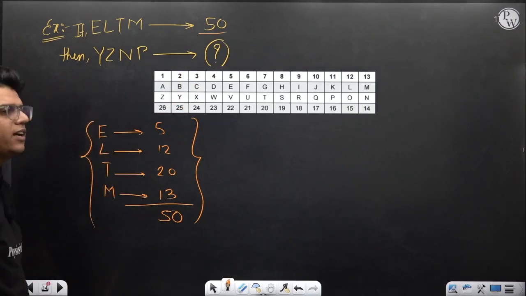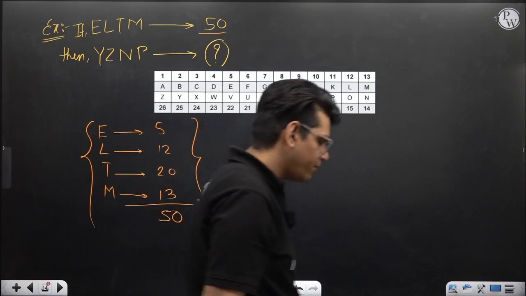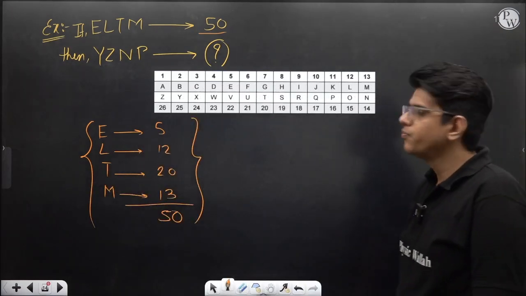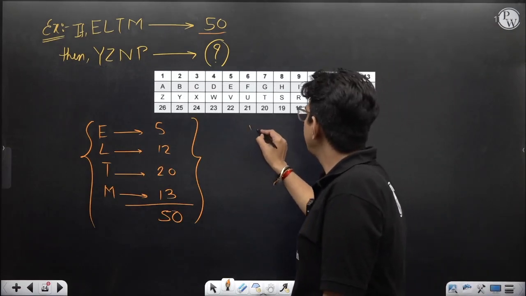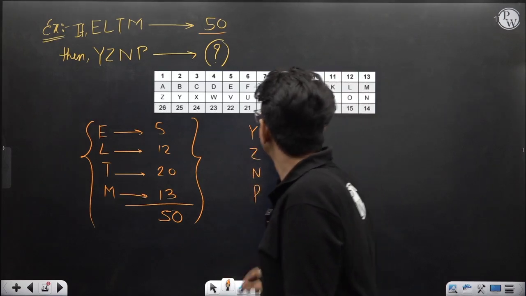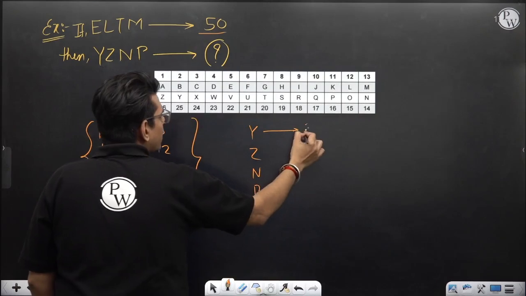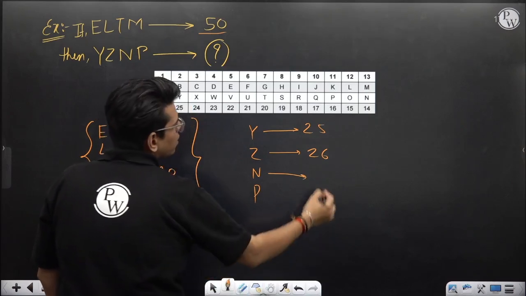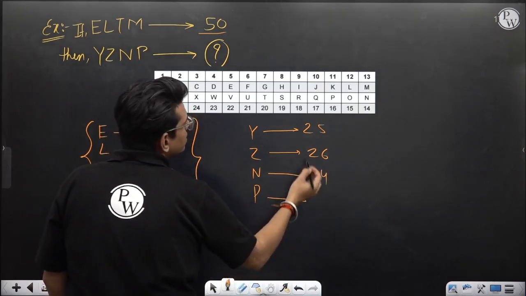You need to search for different patterns and you will get the final pattern needed in the question. Here for YZNP, the positional value of Y is 25, Z is 26, N is 14 and P is 16.